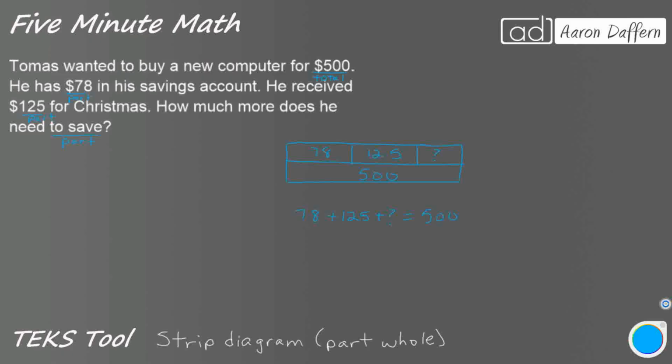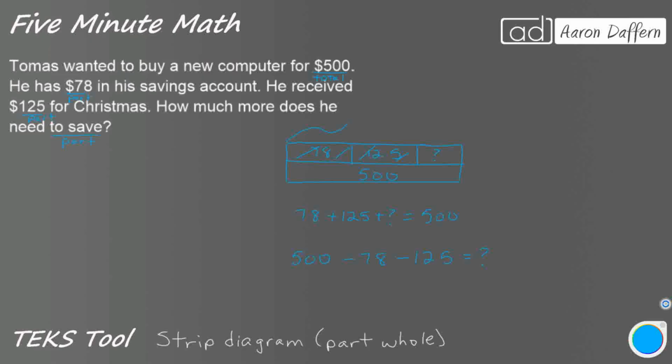Or if I want to see how much money I actually need, I can take my total, my whole of 500, and start taking away these parts right here. If I take away the 78, then if I take away the 125, that's going to get me how much I have left.